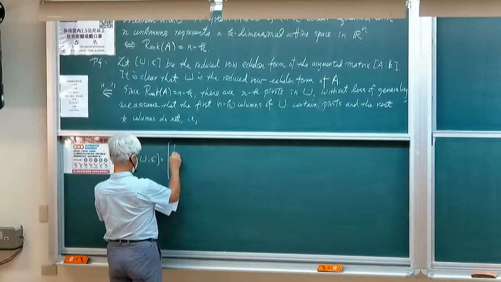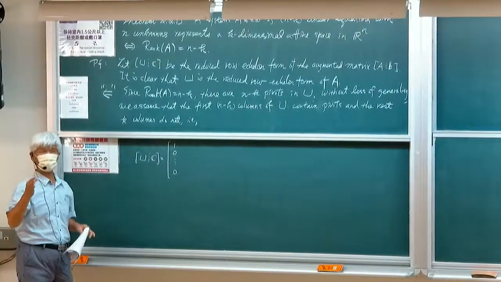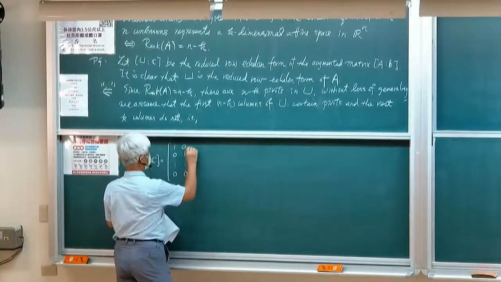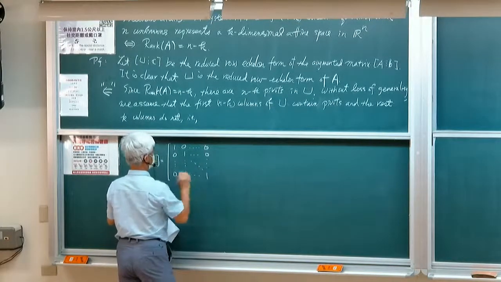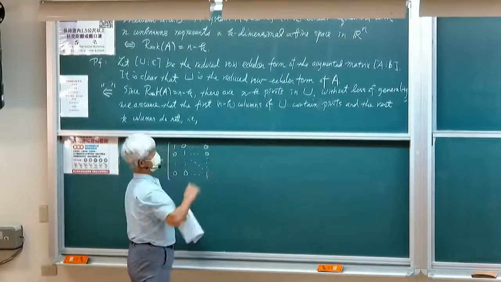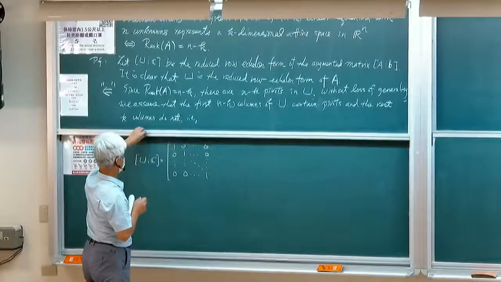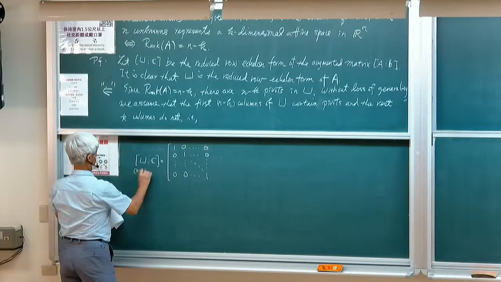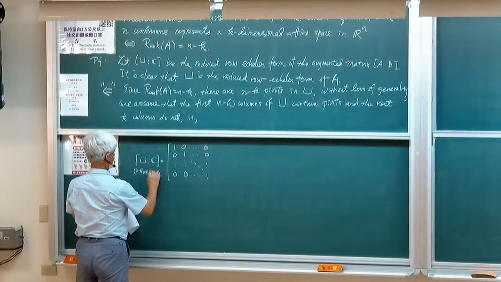We have the identity block, so we assume the first n minus k columns contain pivots. This block is (n minus k) times (n minus k), and this one is (n minus k) times 1.